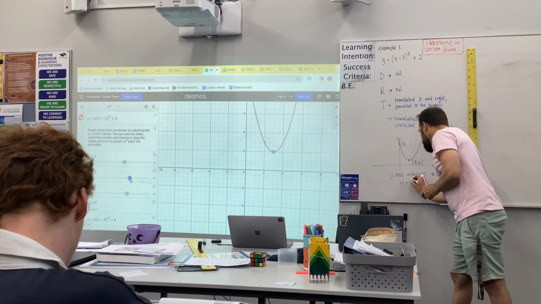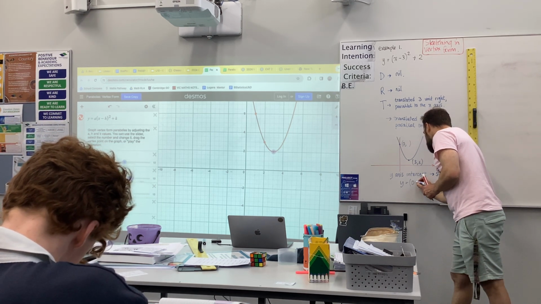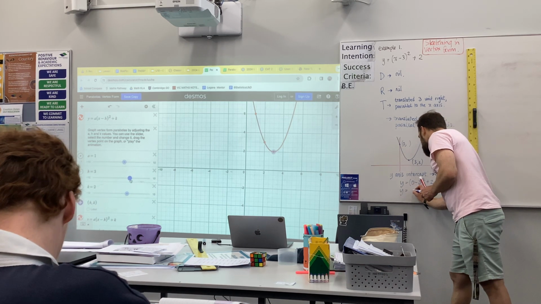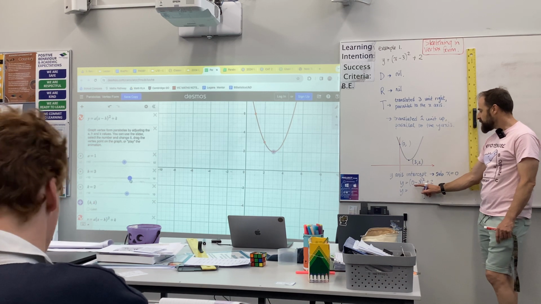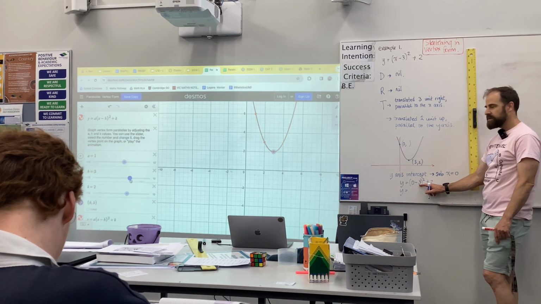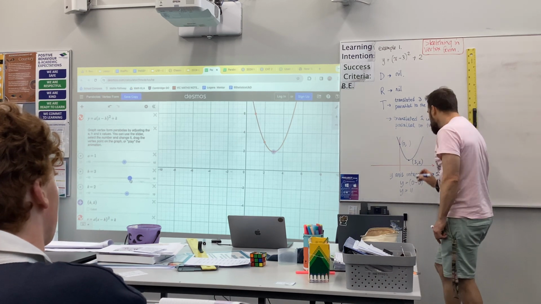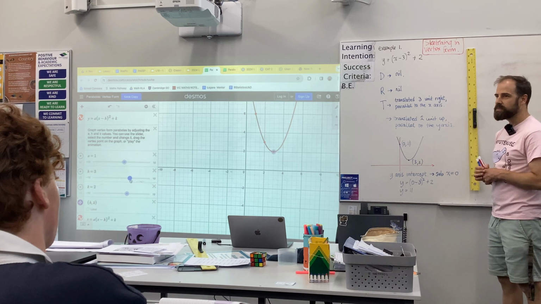What does that look like? I replace the x with 0. So what's 0 take away 3? Minus 3. Square it. 9. Plus 2. 11. So that would be my coordinates.